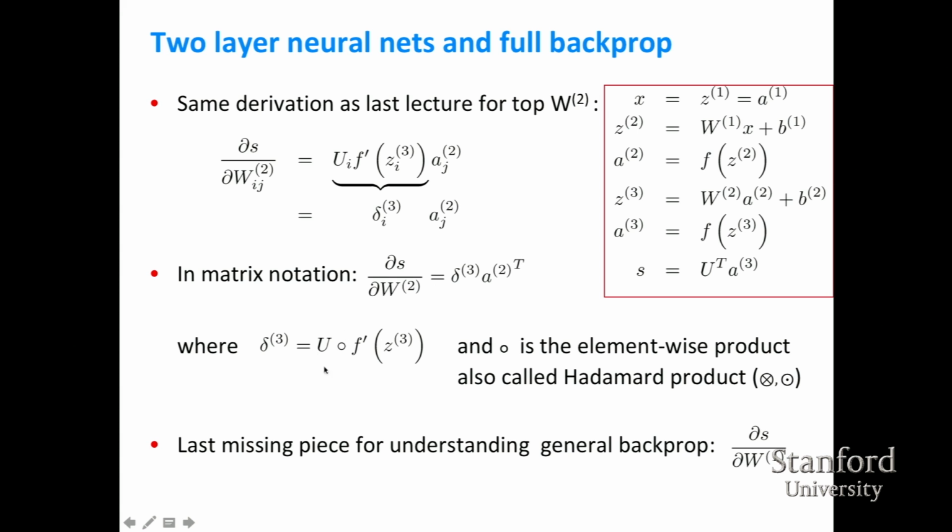And so you basically first have to compute this, and then you have the full delta definition, and then you can multiply these in an outer product to get the gradient.